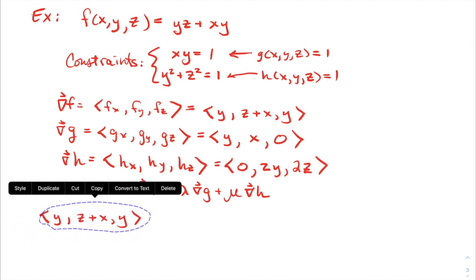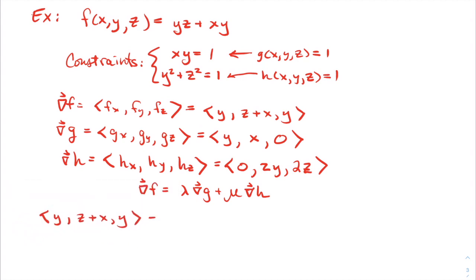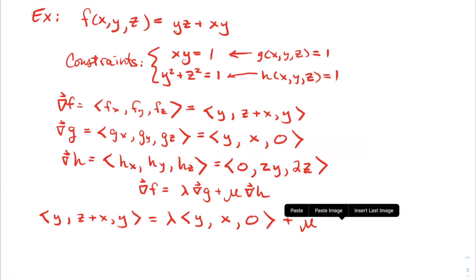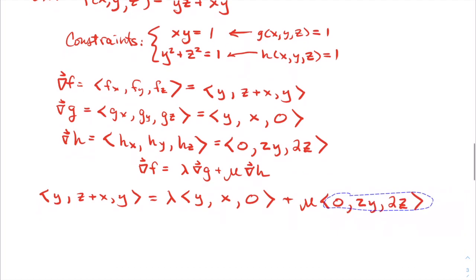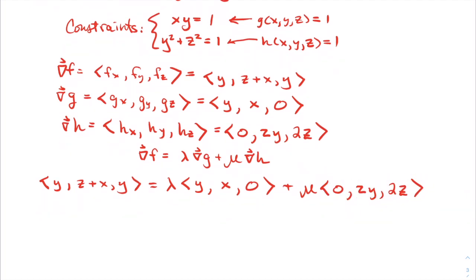That is equal to lambda times the gradient of g, which I'll copy down, plus mu times the gradient of h here.